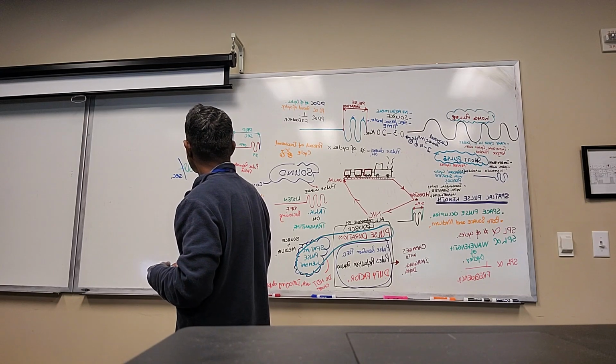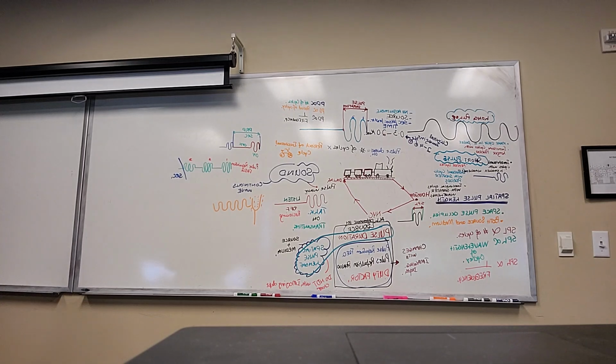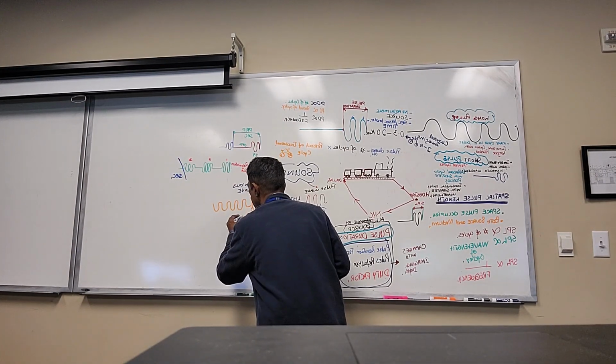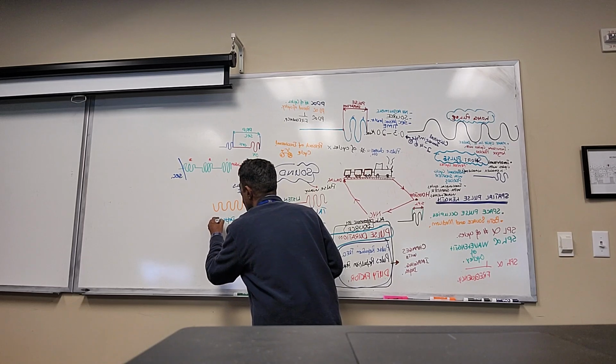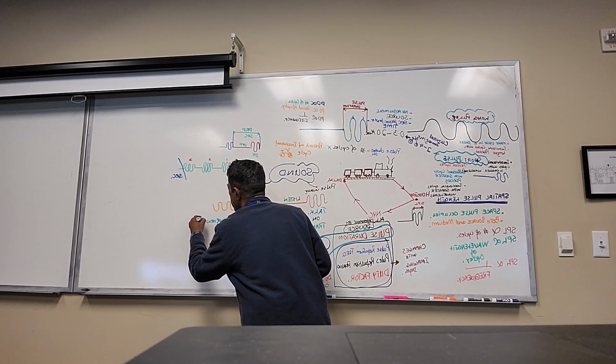So when we are imaging deep, that's another way of saying as the depth of view increases, the pulse repetition frequency decreases.